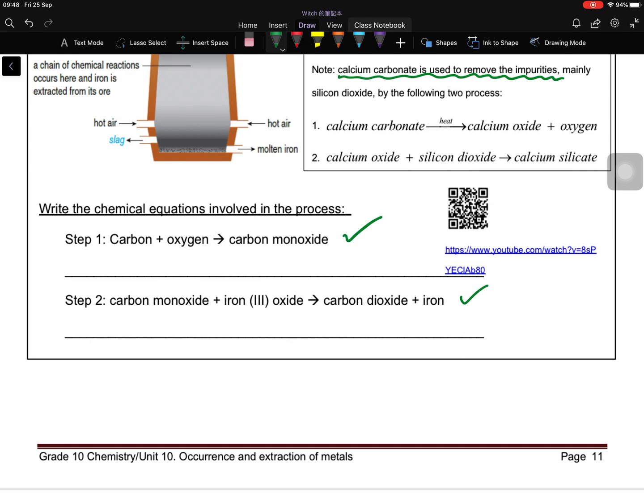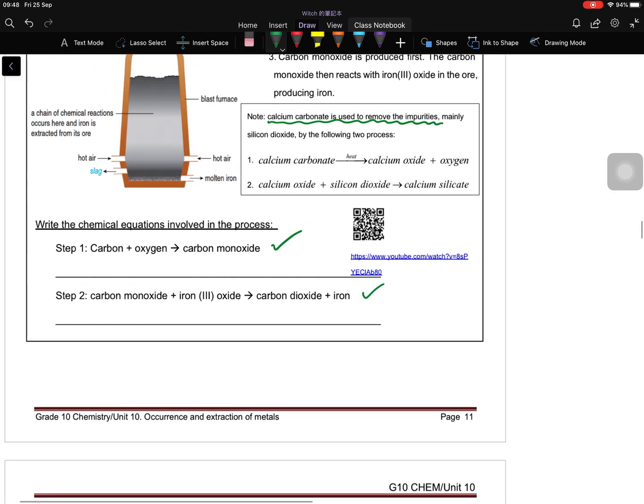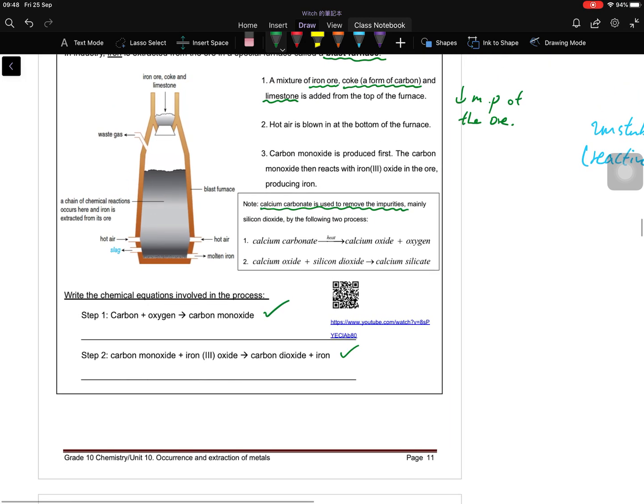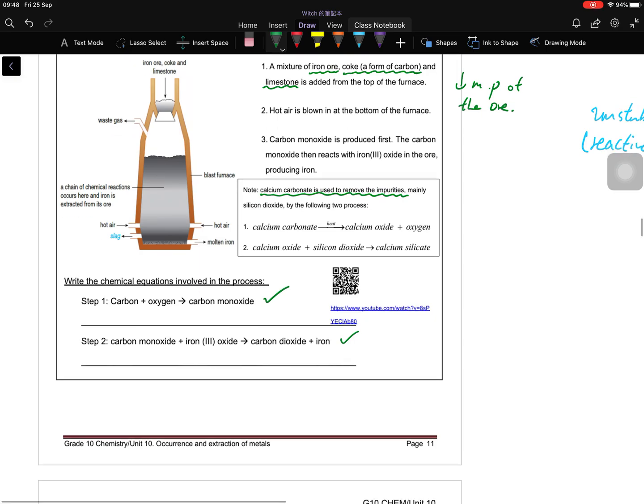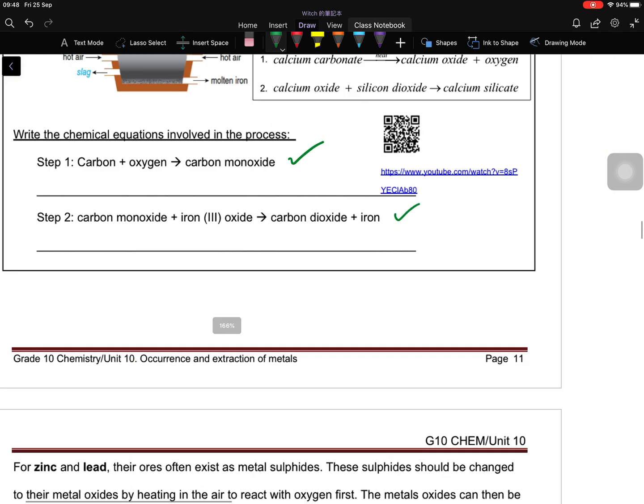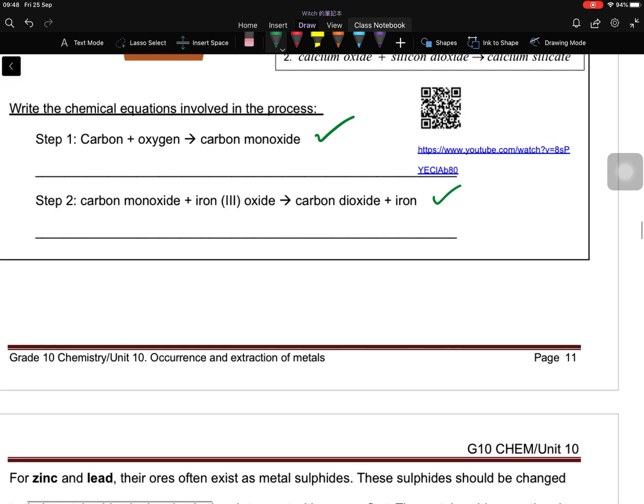Now here it shows why we should use carbon monoxide instead of carbon powder to react with iron ore. In the purity section, you can see both carbon powder and carbon monoxide can extract iron. So why should we spend time to form carbon monoxide first? Why do we not let the carbon powder react with the ore directly?